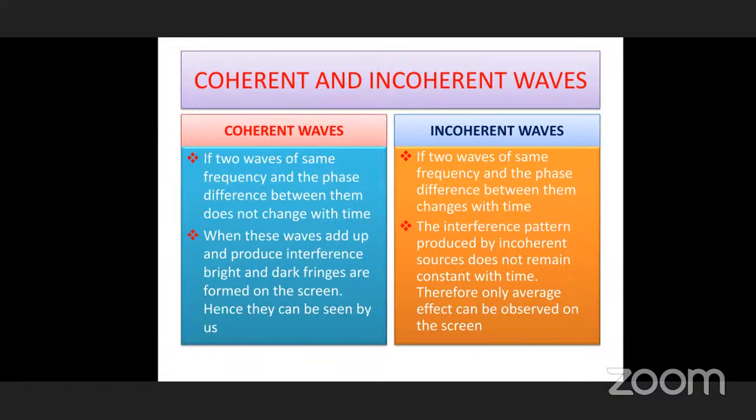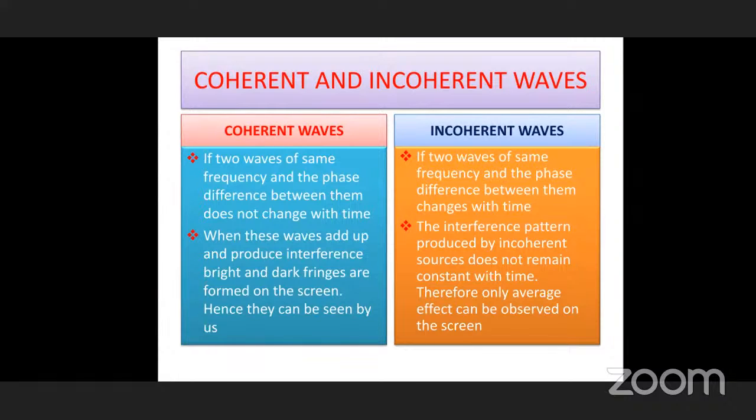So when waves are formed, the waves can be expressed in terms of frequency and also phase. So the phase difference between these two waves should not change. Always the phase difference should be constant and also the frequency constant. If both these two are constant, it is coherent waves.